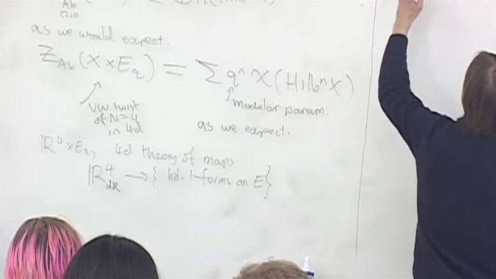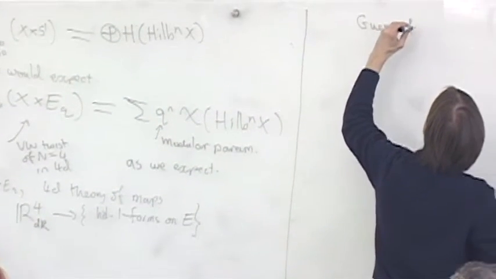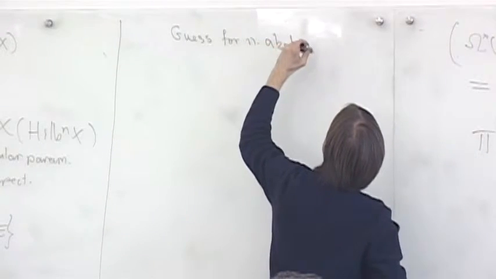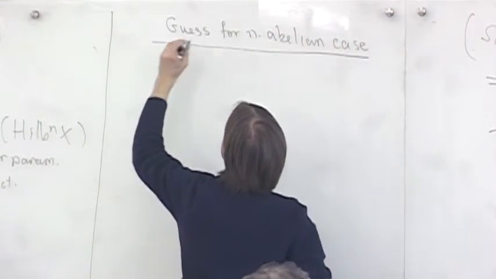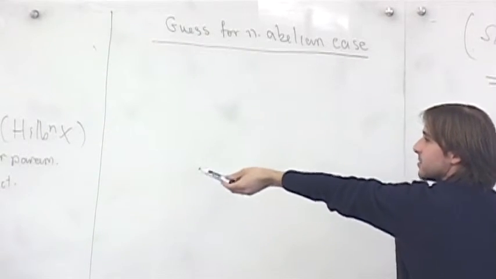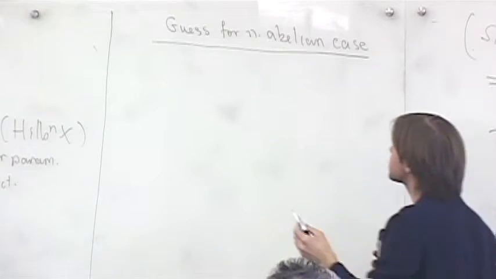So let's kind of guess for the non-abelian case. The evidence for this is not nearly as nice as for the abelian one, but we can still use what people know in the physics literature to make a strong case.